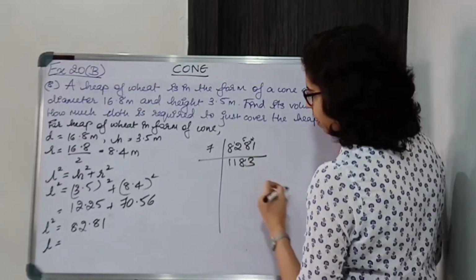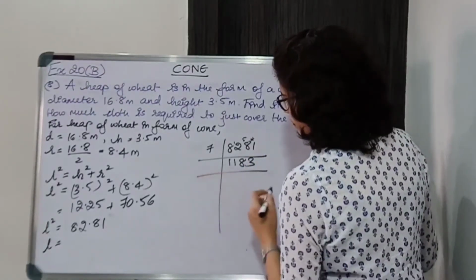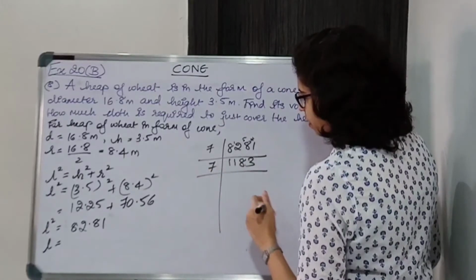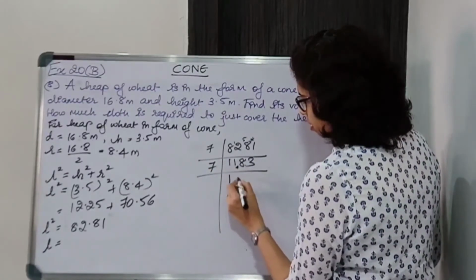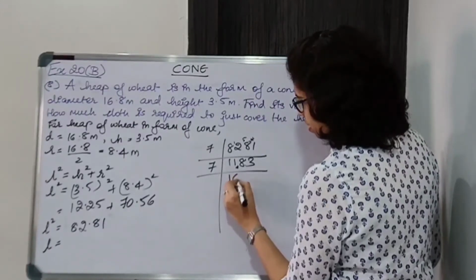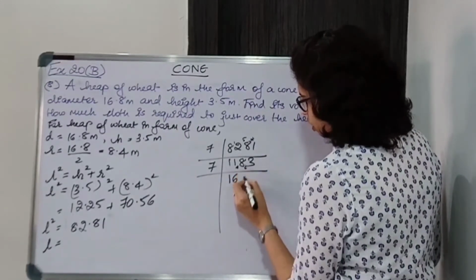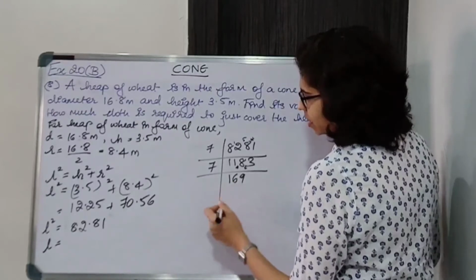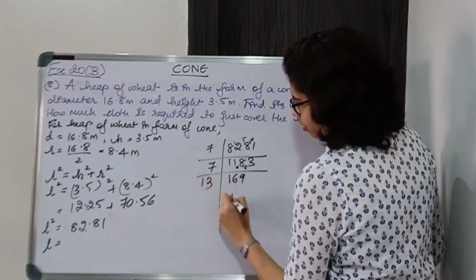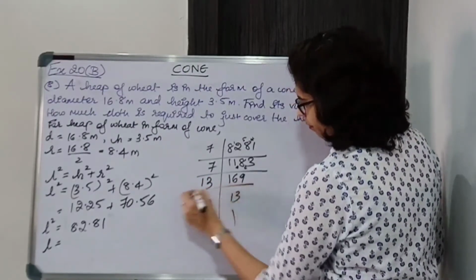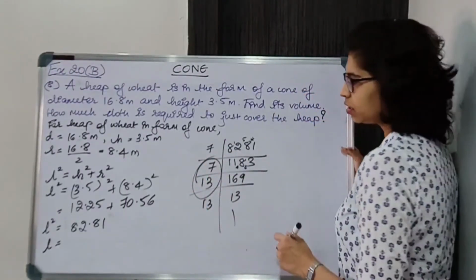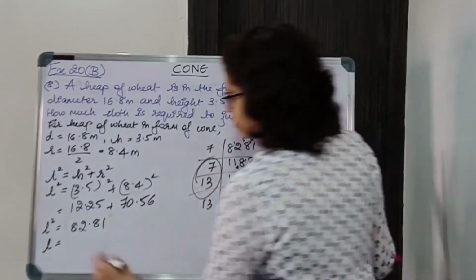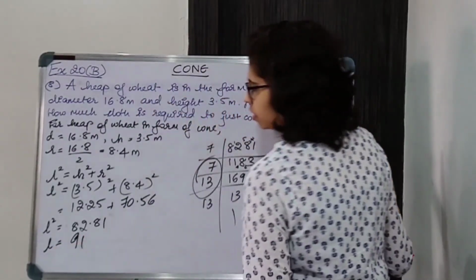Yes, it is divisible by 7. 7 1s are 7, 4 बचेगा. 7 6s are 42, so 6 बचेगा. 7 9s are 63. 169. 13 13s are 169. Okay, so 7 into 13, so 13 7s gives 91.